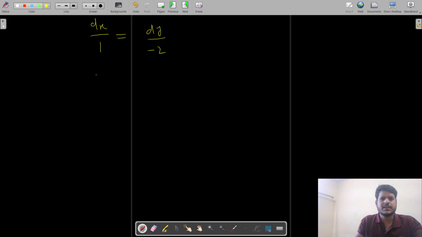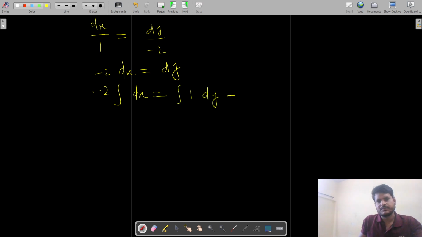So it's very simple. I can write here minus 2 dx equal to dy. Now integrating, we have 2x plus y is equal to c1. This is equation 1, right?